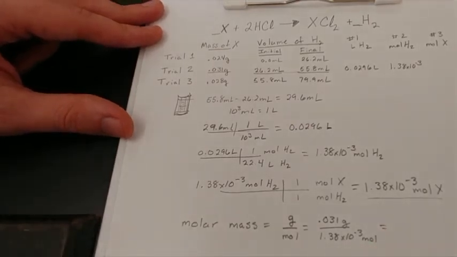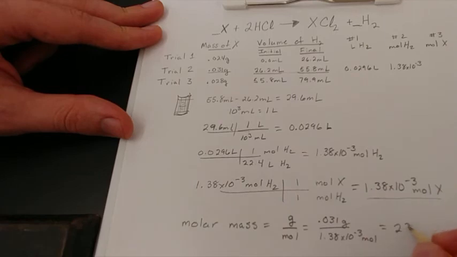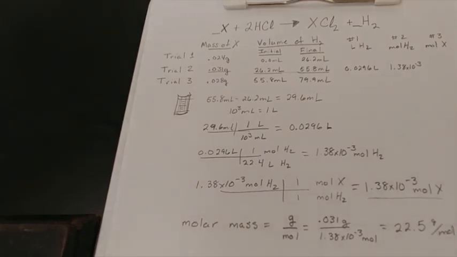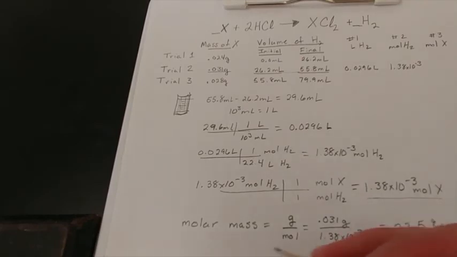And when I do that, I get 22.5 grams per mole, which is the molar mass that I'm looking at. I'm looking at my periodic table right now, trying to figure out where 22.5 is, and it's pretty close to looks like sodium.